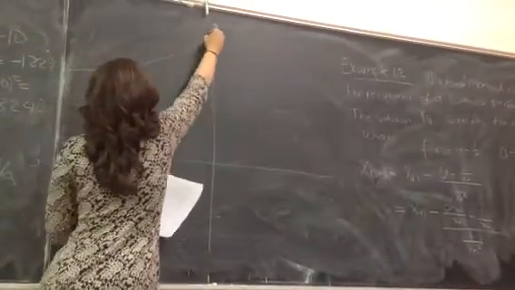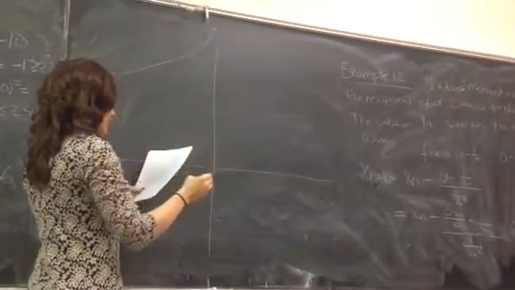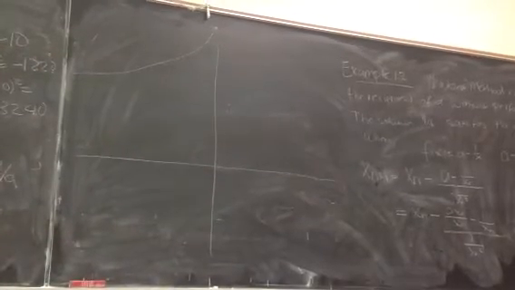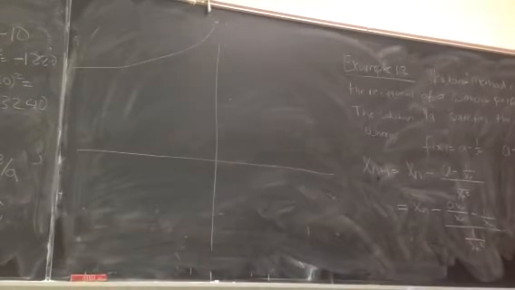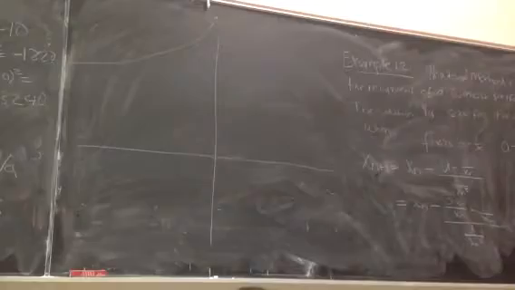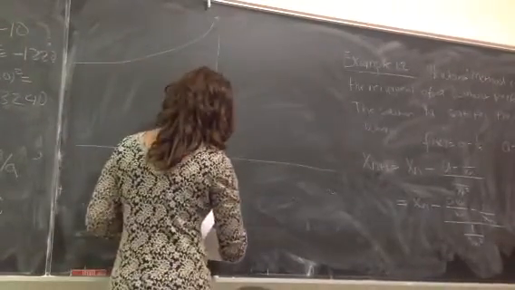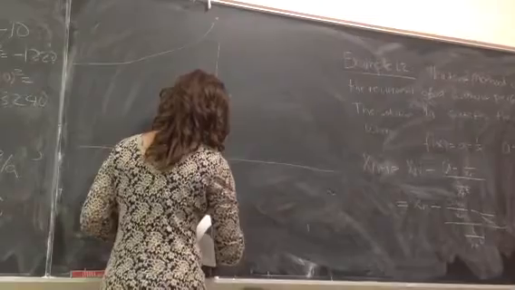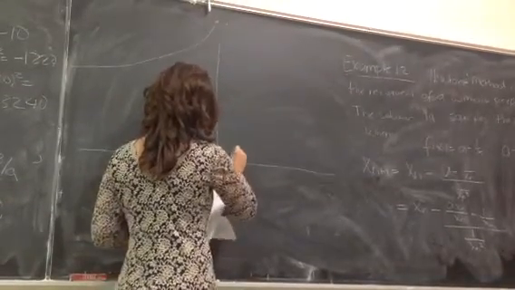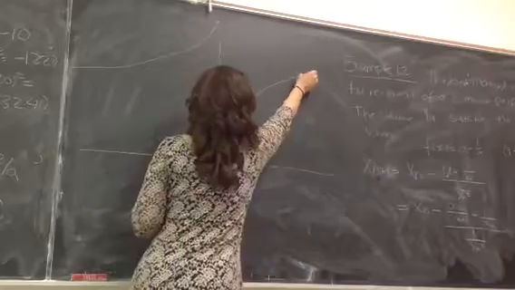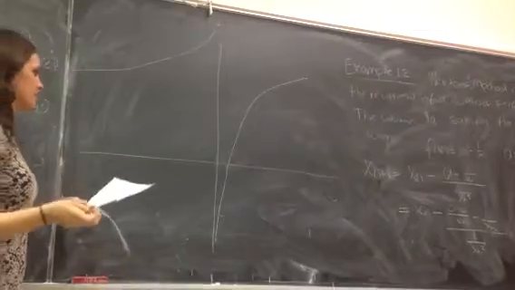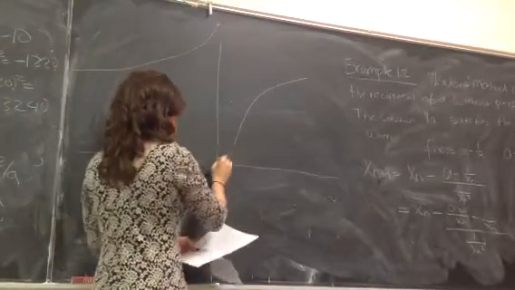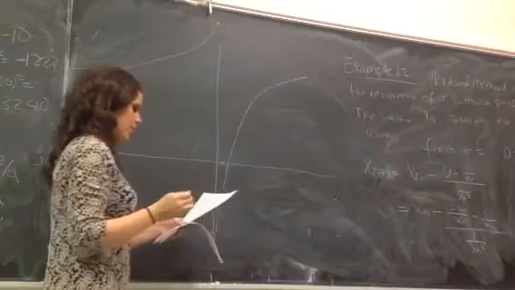Alright, so we've got that one there. And here. So let's first take a look if we choose x sub 0 equal to 0.1. So that's about right here.